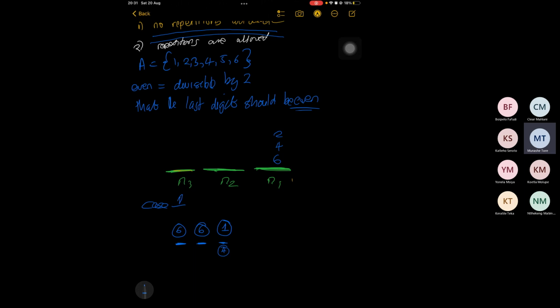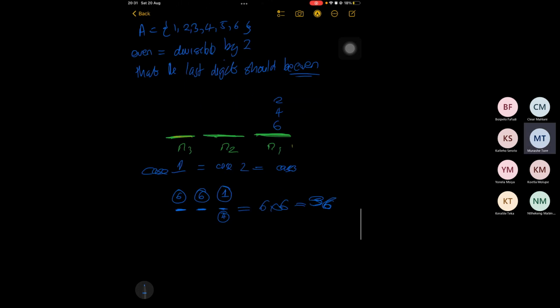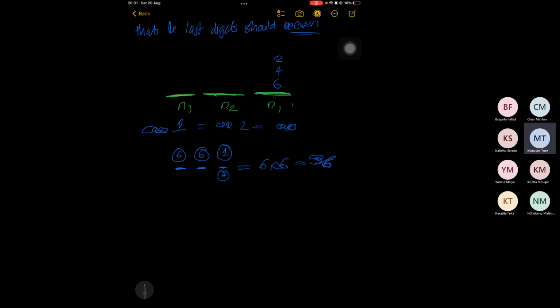Similarly to what we just did there, case number 1 was equal to case number 2, which was also equal to case number 3. So for this one now, it's going to be 6 times 6, which is 36. So case number 2 is also equal to 36, and case number 3 is equal to 36.